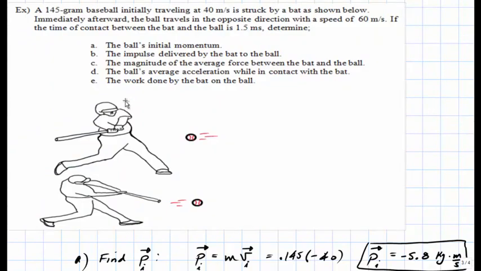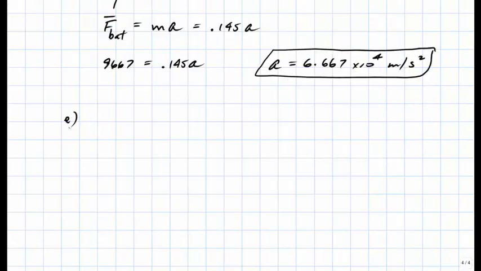In the last part of the problem, we want to determine the work done by the bat on the ball. Now, we could try to use the definition of work, and let's see what happens.